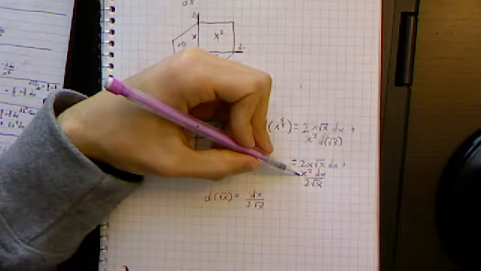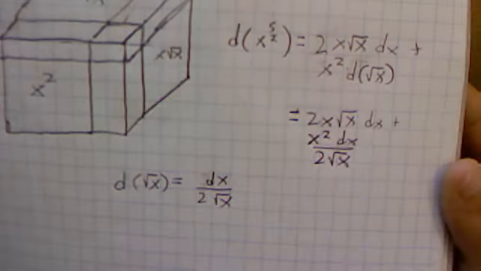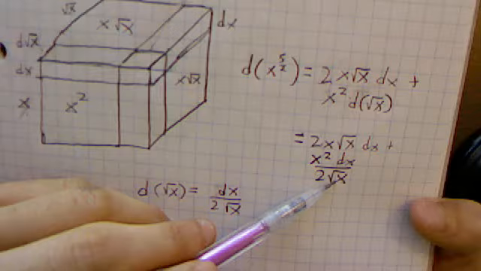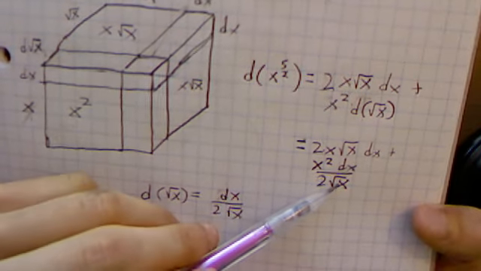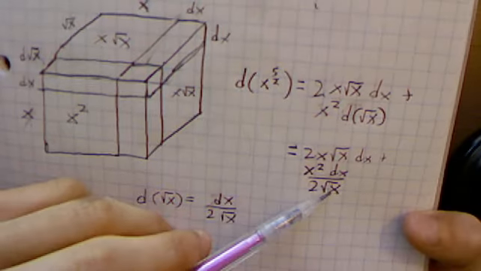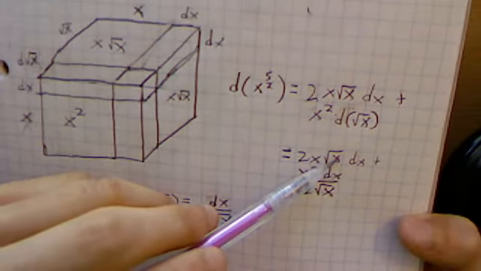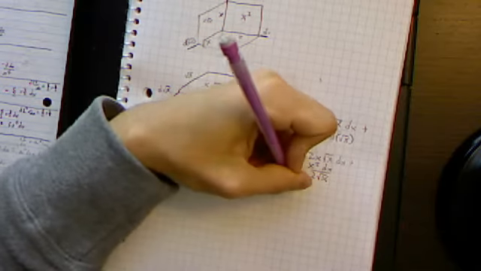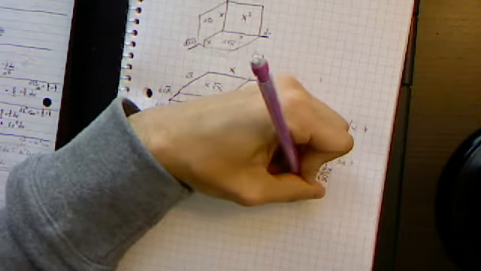So you see right here, I simply replaced that derivative with the actual derivative, and when you divide x squared by the square root of x, you end up with this right here. I'm going to perform that real quick over here.